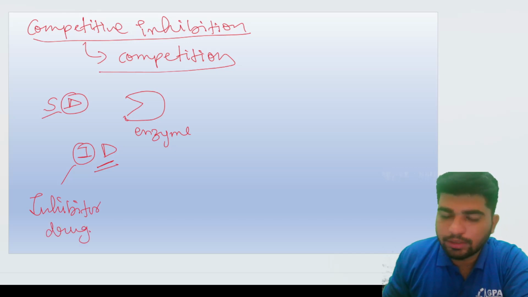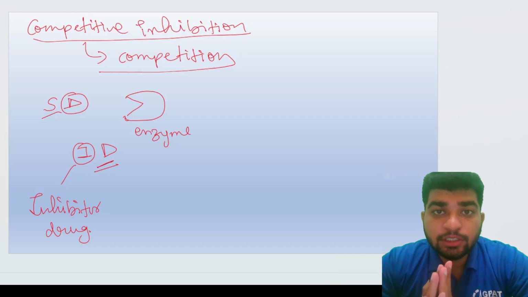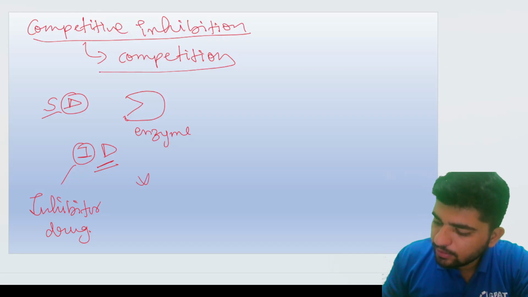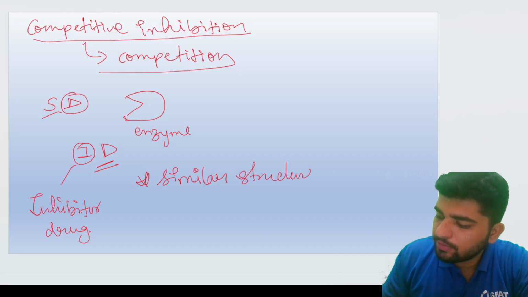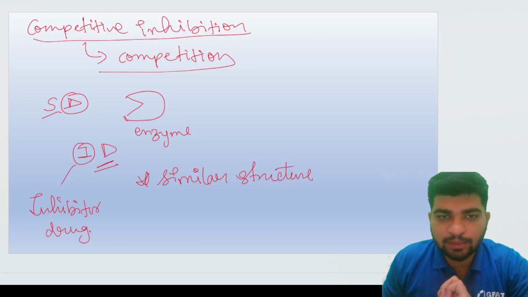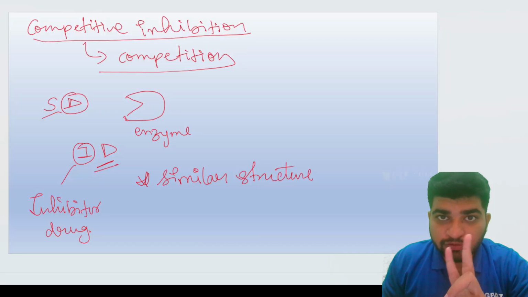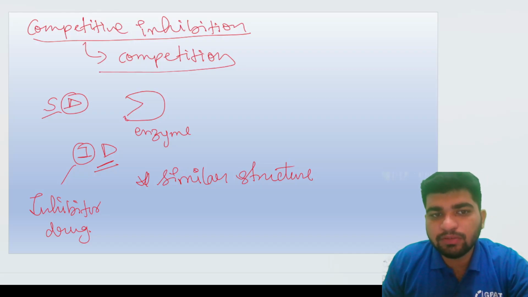In competitive inhibition, the substrate as well as the inhibitor have a similar structure. That is the first point: the substrate and the inhibitory drug have a similar structure, and there is a competition between both of them.